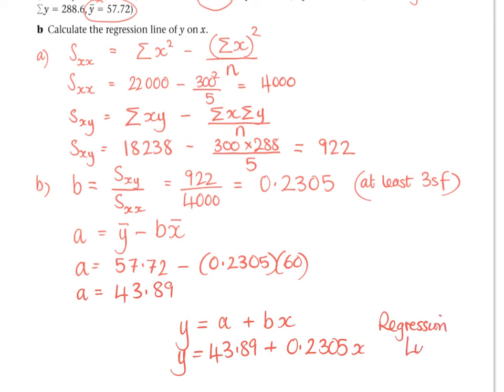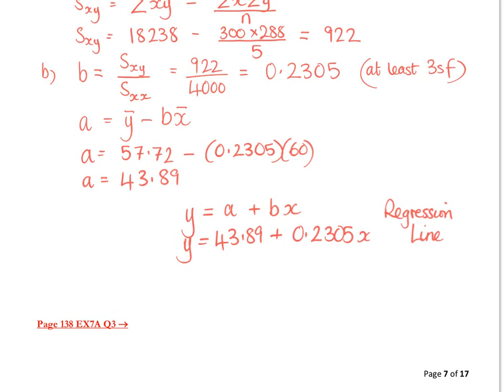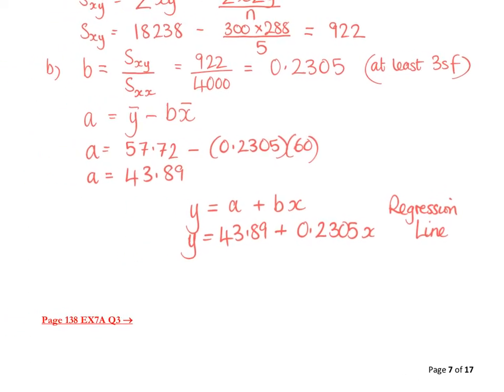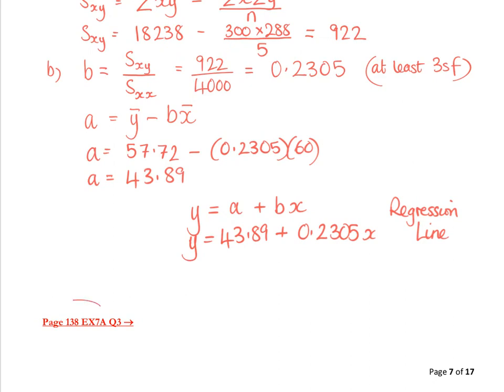So it's just given a fancy name now at A level, and it's just the line of best fit. So what I'd like you to do for this one is exercise 7A, and it's question 3 onwards.